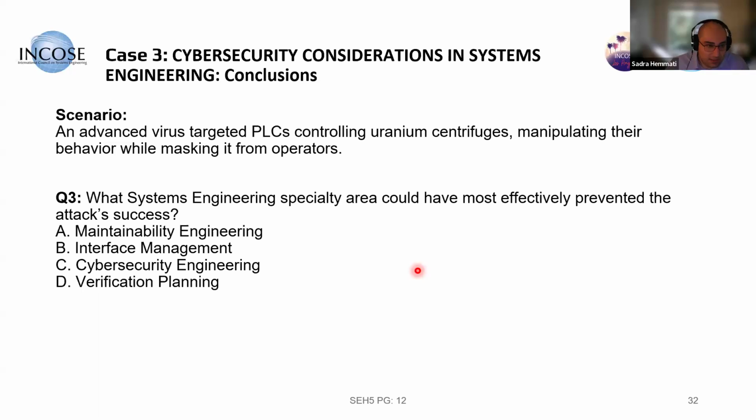So the question here is, for the scenario: an advanced virus targeted PLCs controlling uranium centrifuges, manipulating their behavior while masking it from operators. What SE specialty area could have most effectively prevented the attack's success? A, maintainability engineering, B, interface management, C, cybersecurity engineering, D, verification planning.